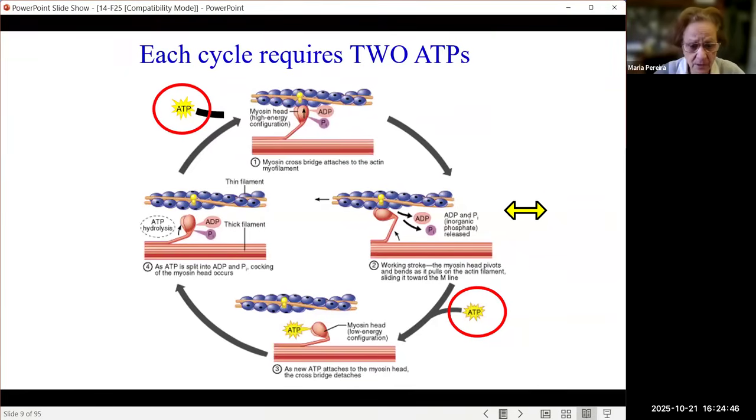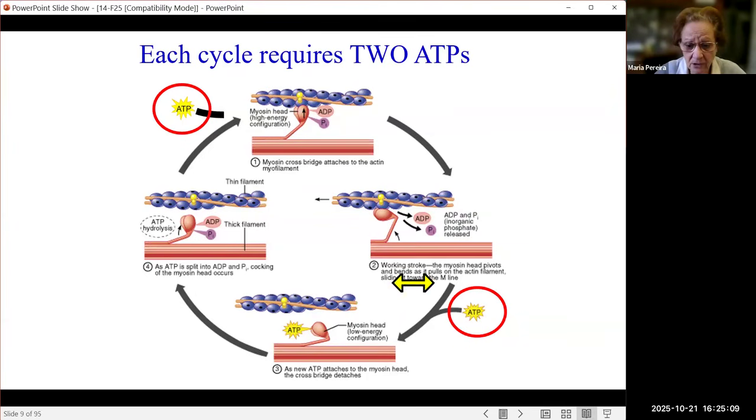So here you have the different steps. So let's start here. You have the myosin and the actin separated. You have ATP. Now you have the cross bridge formed because the head is an ATPase, so it uses the energy from the ATP to form the cross bridge.